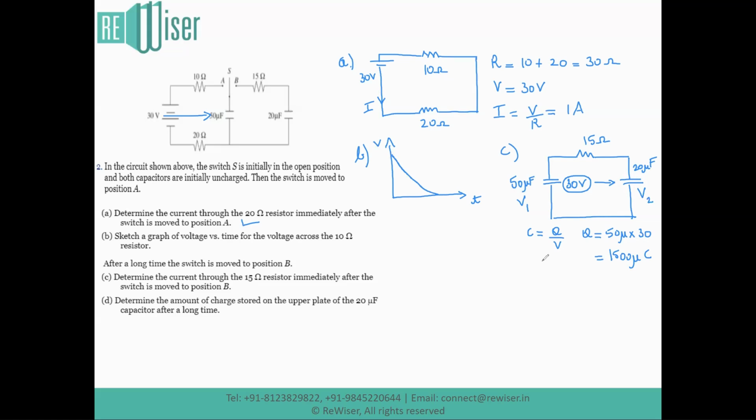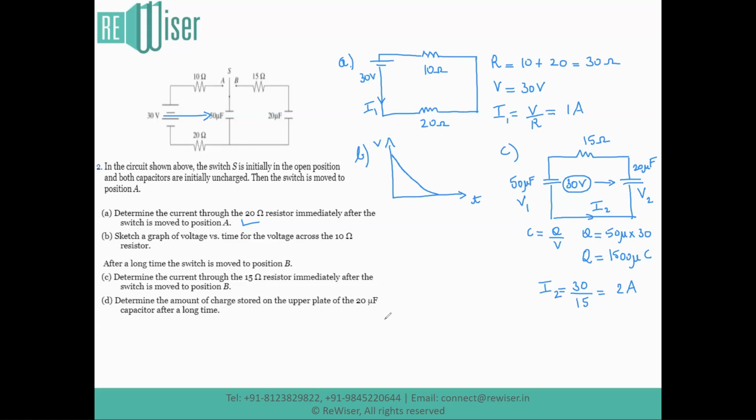So the current I can be found out as I is equal to V by R. The voltage provided is 30 volt, whereas the only resistance offered is by the 15 ohm resistor, and its resistance is 15 ohms. This equals a current of 2 amperes. Hence the current flowing here, let's call it I2. Let's call this I1 to avoid confusion. So this I2 is equal to 2 amperes.